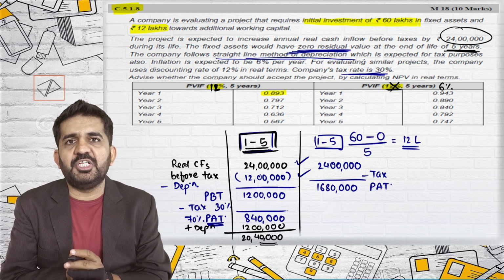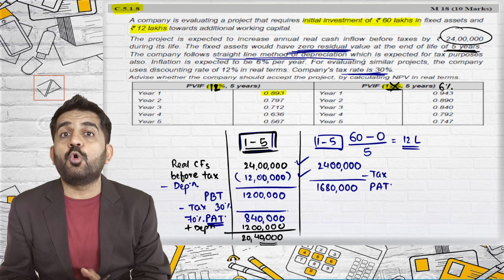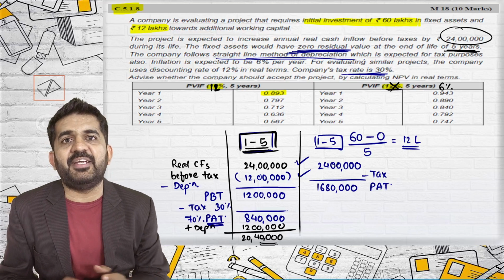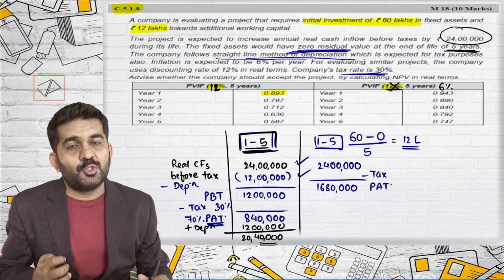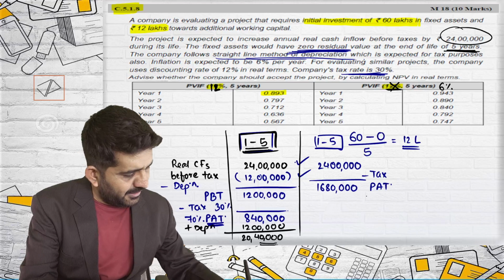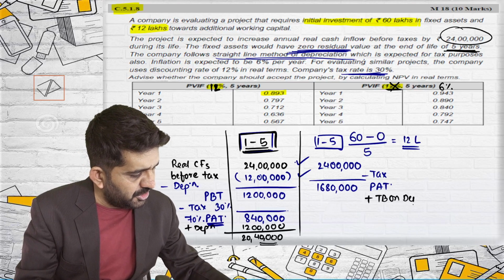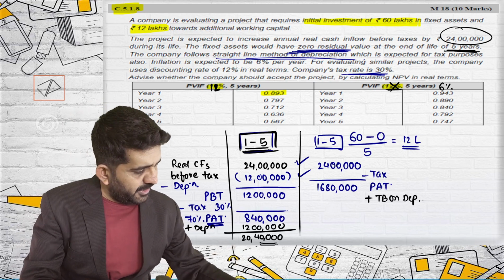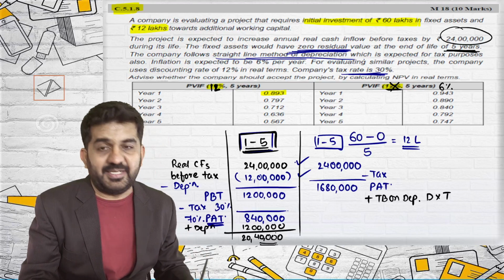But sir, depreciation is not a cash expenditure, but because of depreciation there will be tax savings, which is cash benefit. So I should add that benefit, plus tax benefit on depreciation. How to find out tax benefit on depreciation is depreciation multiplied by tax rate.